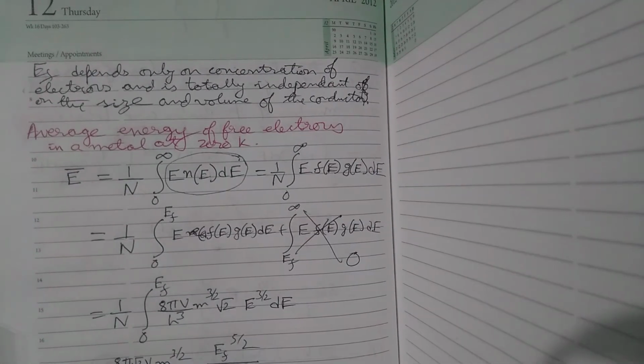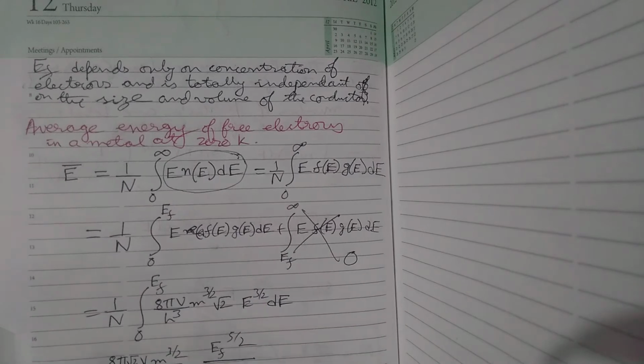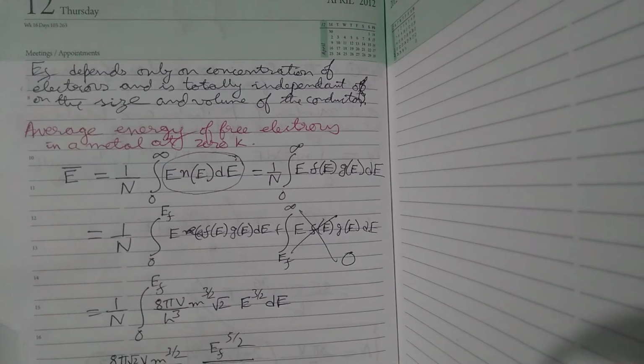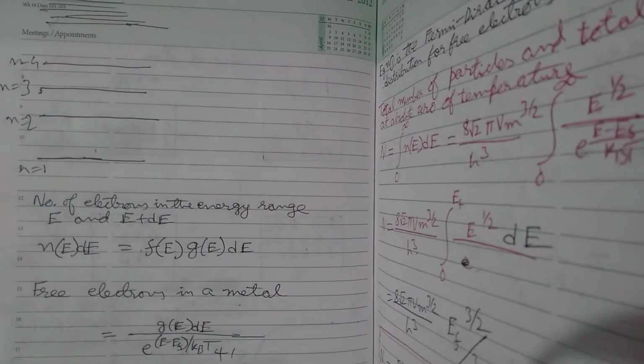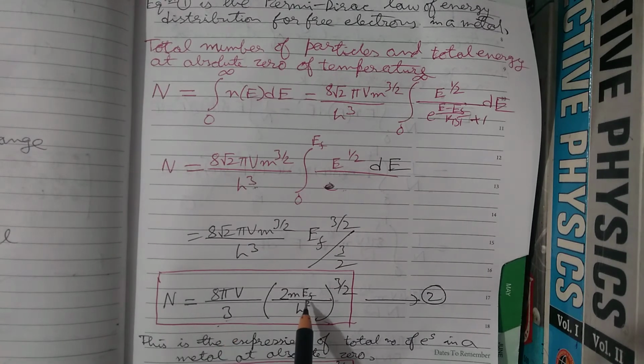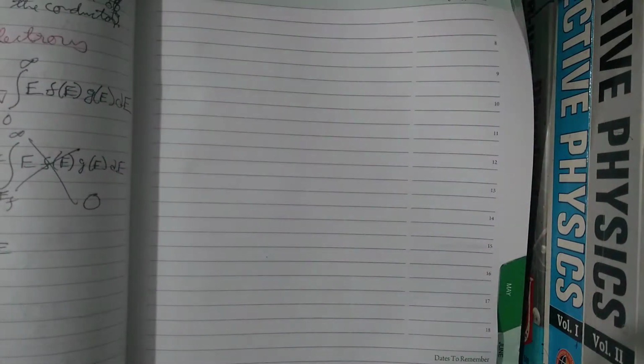Okay. Acha, now what will you do now? Let us write this in terms of N. What is N here? N is here 8 pi V by 3 into 2m EF by H square into 3 by 2.